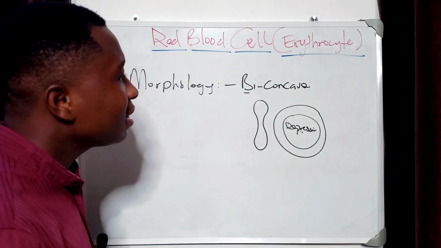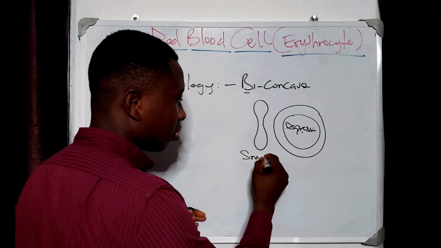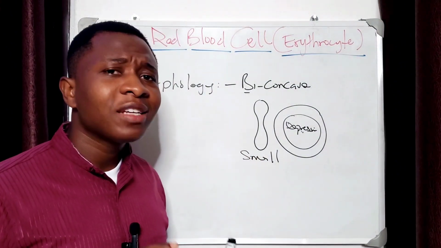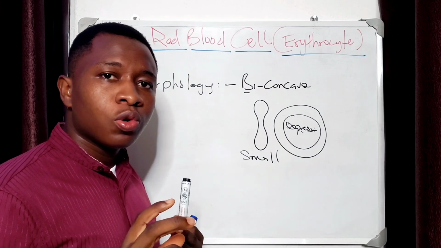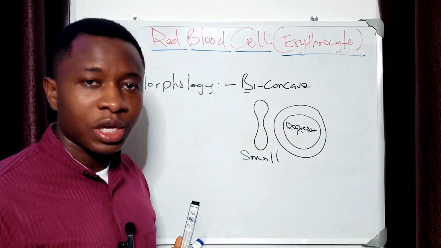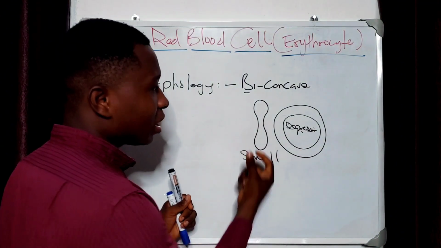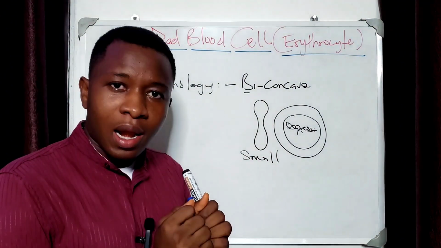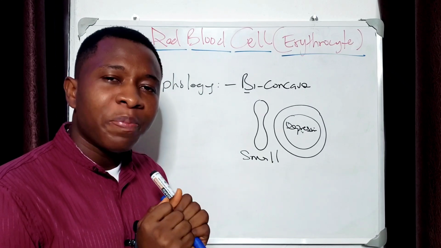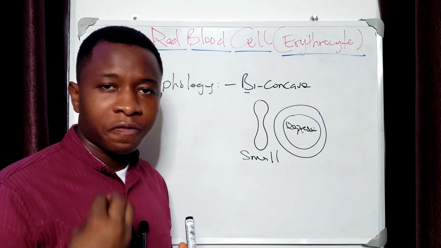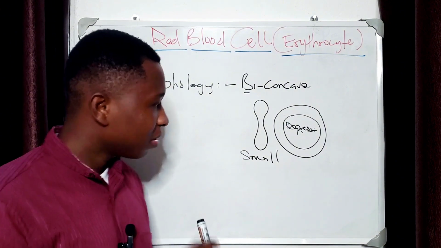Firstly, it makes it small, because we know that the red blood cell has to go through some tiny blood vessels like the capillaries. So this particular shape gives it the ability to be small and to enter into smaller blood vessels. Okay, now that is one.